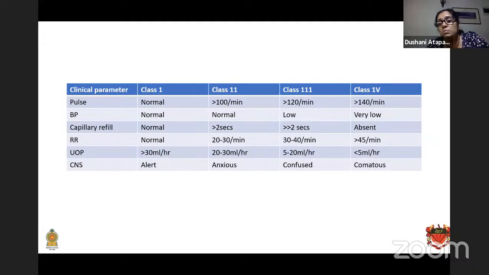The blood pressure, most of the time, is unrecordable because about 40% of the volume is lost. You won't feel any peripheral pulse, and of course the capillary refilling will be absent. The patient would be severely tachypneic, and by this time most of them may go into respiratory arrest. The urine output is further low, and the patient is comatose by now.